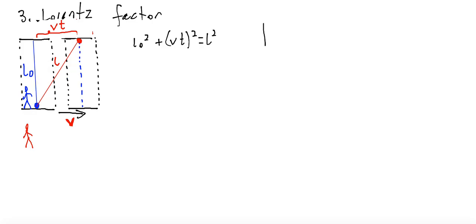Of course, I used this triangle, where this is vt, this is L, this is L0. Again, L0 is the distance traveled by the photon observed by the observer who is in the clock, so the blue one, and L is the distance traveled by the photon observed by the observer who is outside the clock, so the red one.